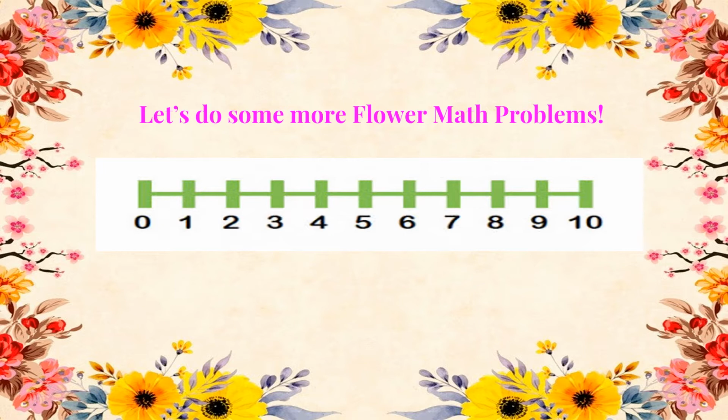Move your finger along with me. 0, 1, 2, 3, 4, 5, 6, 7, 8, 9, 10. Great job. The math problems that we're going to do do not go higher than 10.